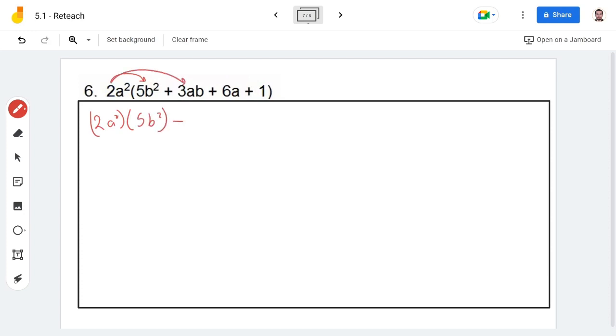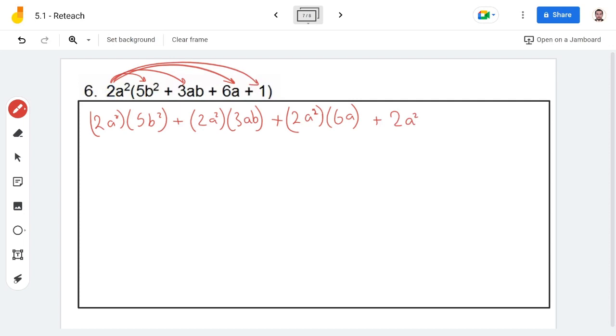Then we have plus 2a squared multiplied with 3ab. Then before the last one, 2a squared times 6a. Let me write squared here, sorry. So this one is squared. Then plus 2a squared times 1, 2a squared.